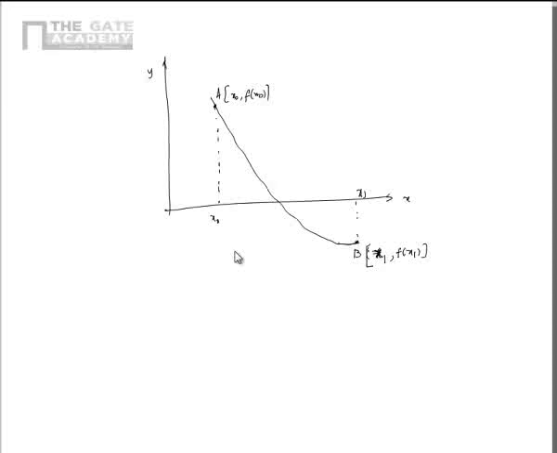So these two are the points. Now what this method says is join A and B.